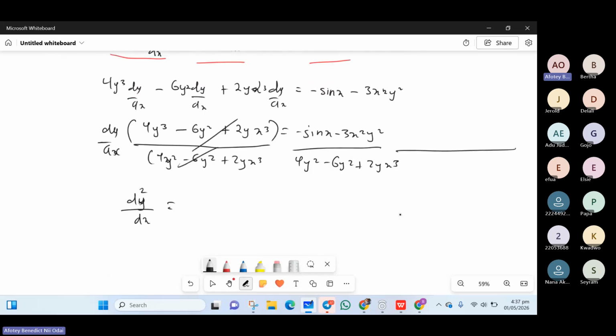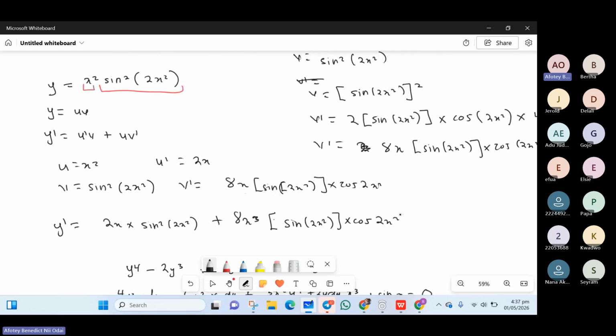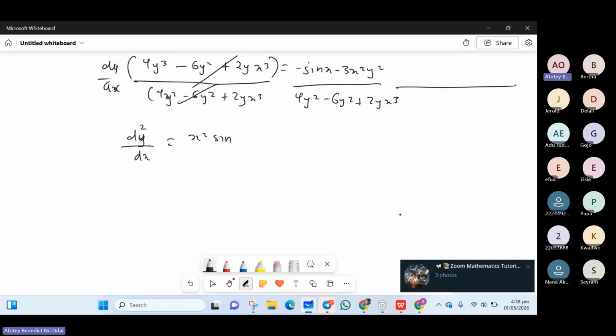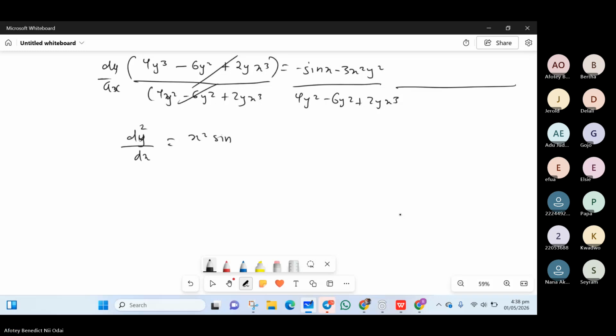So imagine you solve the second derivative and you get x squared sine 2x squared, all on this answer that we had, 4y cubed minus 6y squared plus 2yx cubed.